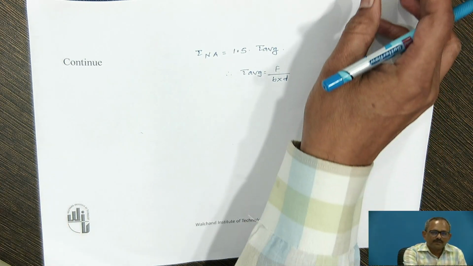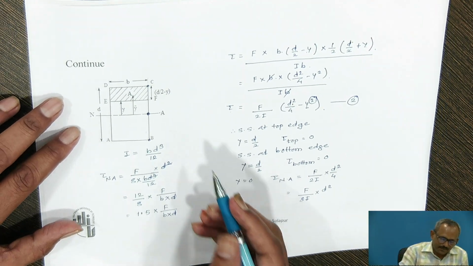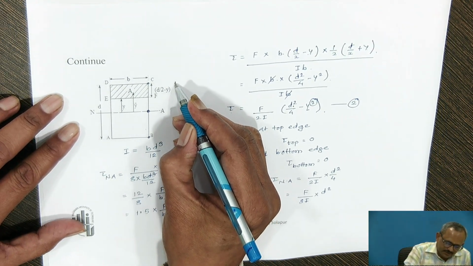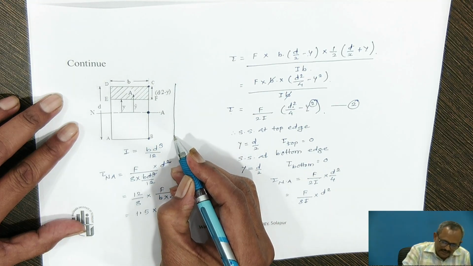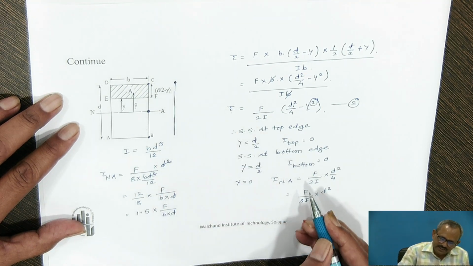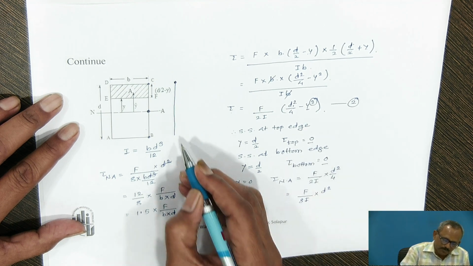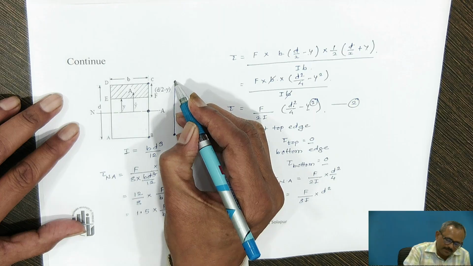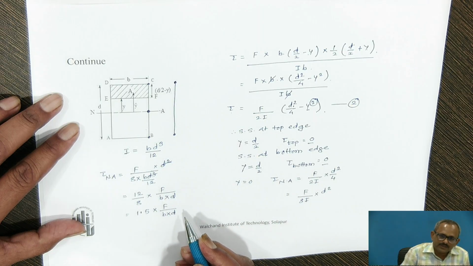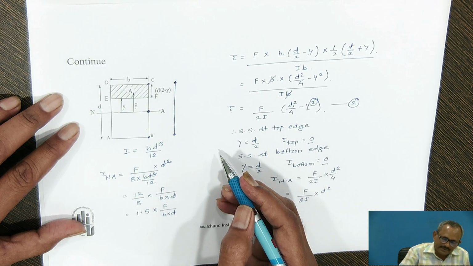Now, we will discuss the shear stress distribution diagram. The shear stress distribution diagram is drawn across the depth of the section. At the top edge shear stress is 0, at the bottom edge it is 0. At the neutral axis it is 1.5 times the average shear stress, and it varies according to a parabolic curve.